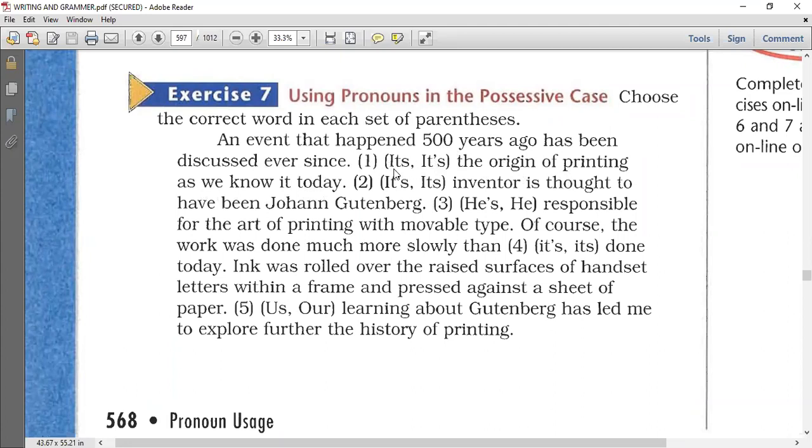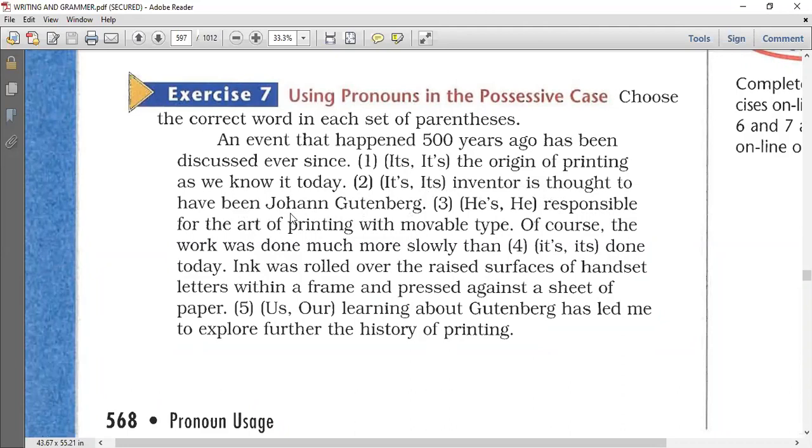Is it it's without an apostrophe or it's with the apostrophe? With apostrophe, good, because it should be it is the origin of printing as we know it today. Thank you, Kiara.